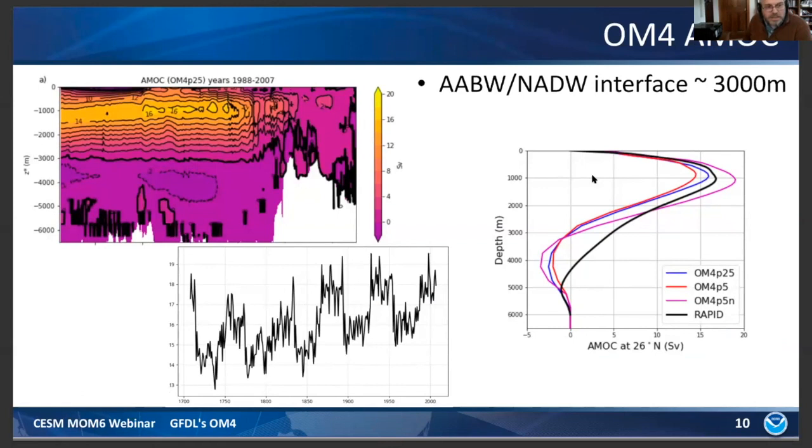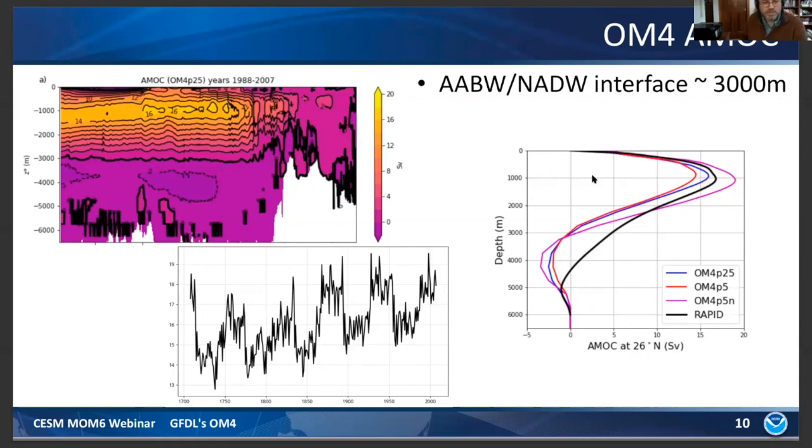And this here is the AMOC, overturning circulation, that we got in the OM4 1/4 degree solution. And we are, shall we say, disappointed. It's relatively strong, but it's pretty shallow. The zero line is at 3,000 meters, so separating NAW and AABW in the Atlantic. And so it's quite shallow, and we were disappointed in this.